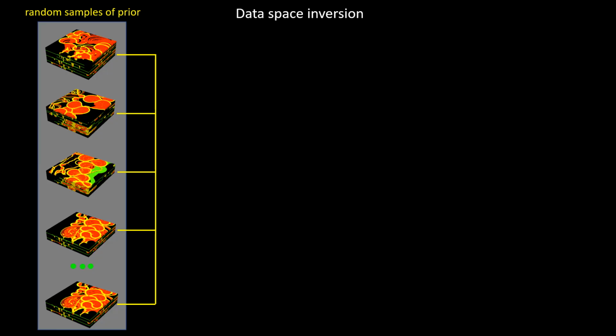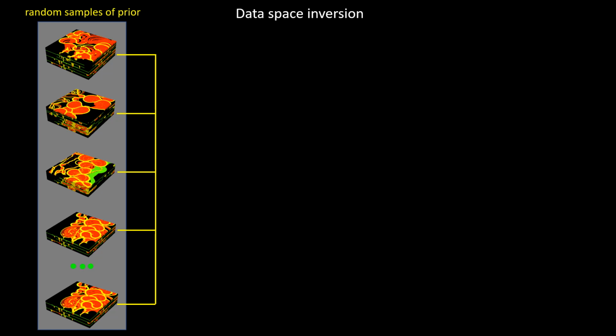The process starts off by generating a number of samples, say a few hundred, say 500, samples of the prior probability distribution of model parameters. Now, this prior probability distribution can be complex. The parameter fields can be categorical. We don't have to adjust them.